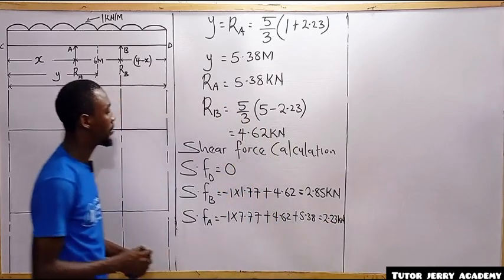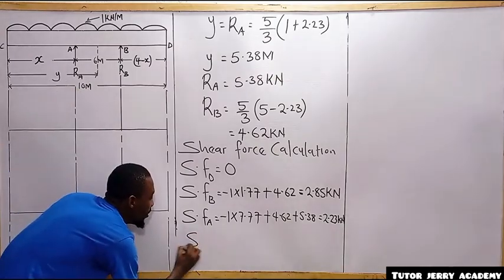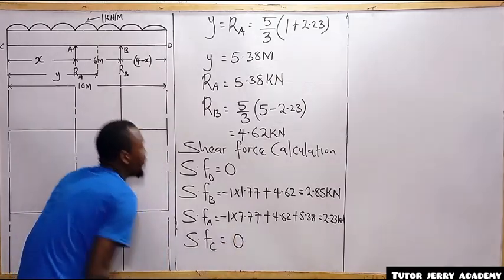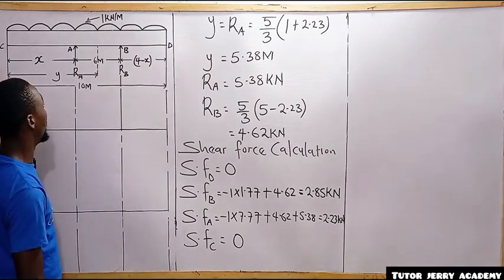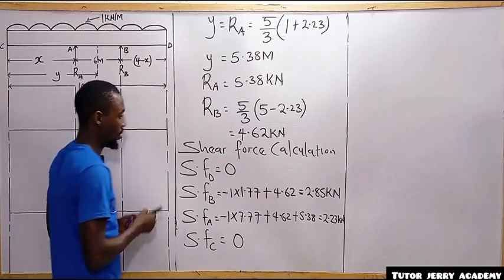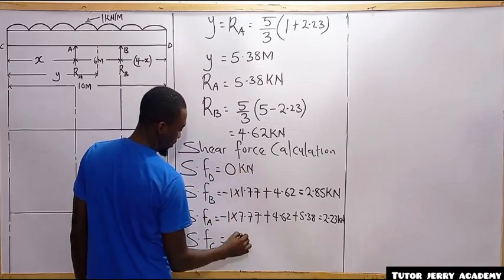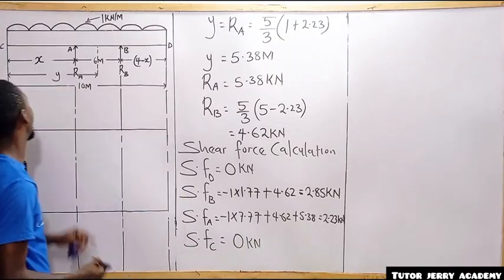All right. And the shear force at point C will be equal to what? 0. All right, because it is an overhanging beam. So let's just say this is 0 kilonewton, and this is 0 kilonewton. And if you still want to solve that, you can solve it as well.